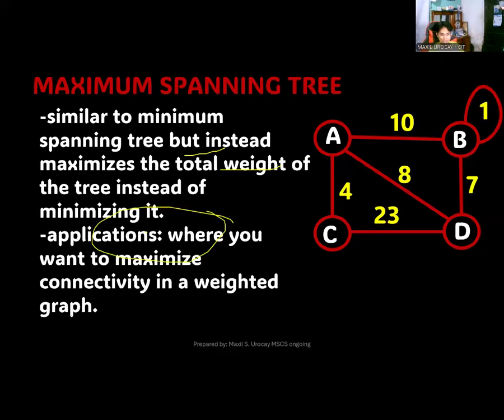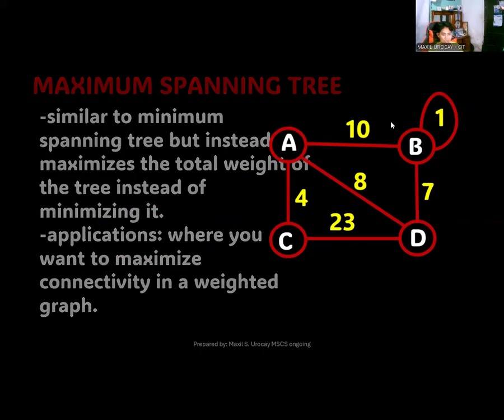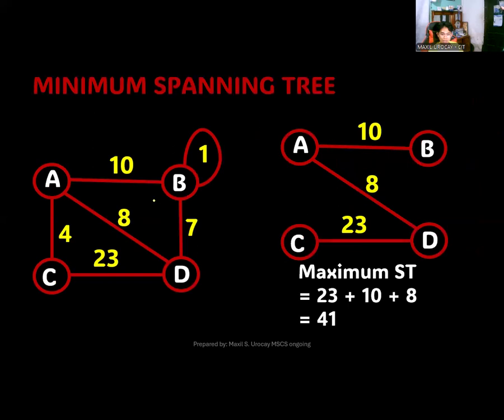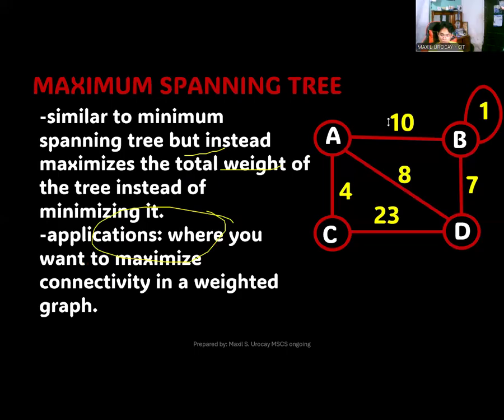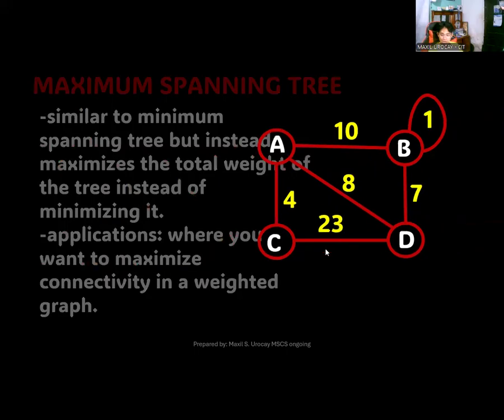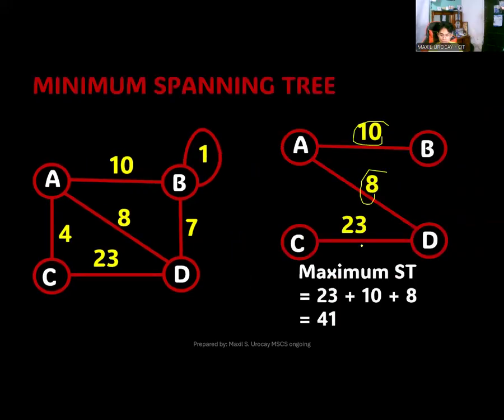A common application is where you want to maximize connectivity in a weighted graph. So in this particular graph, you will choose the maximum: it will be 10, 23, and 8. You add them all, and that will be the maximum spanning tree of that specific graph.